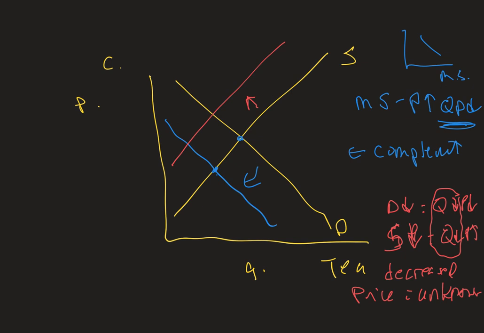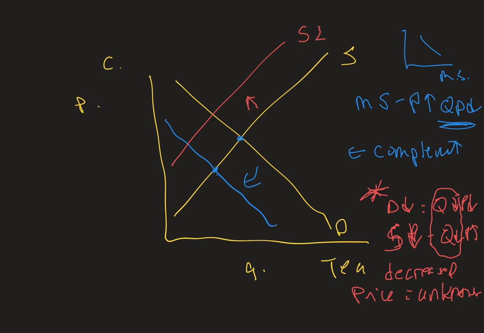So the question was to show the new graph. We needed the double shift. You needed to be able to indicate a demand decrease, a supply decrease, and then whether the allocatively efficient quantity for T increases, decreases, or stays the same. Also for C part I, you had to show on your graph, or at least indicate, what happens to price and quantity as a result of this double shift.